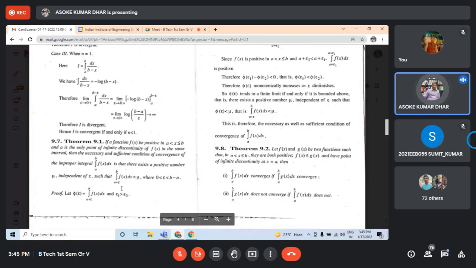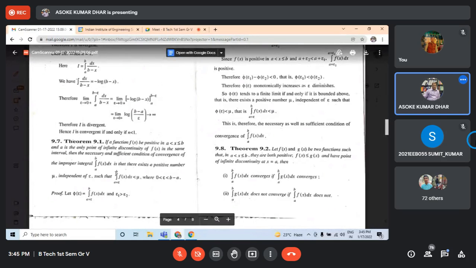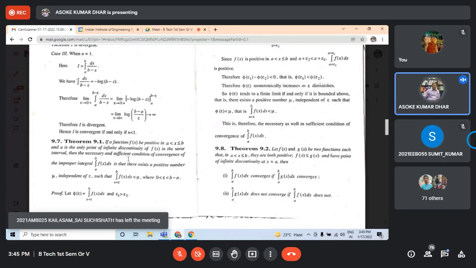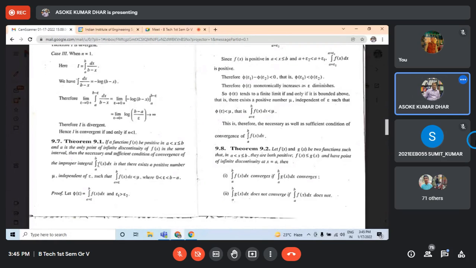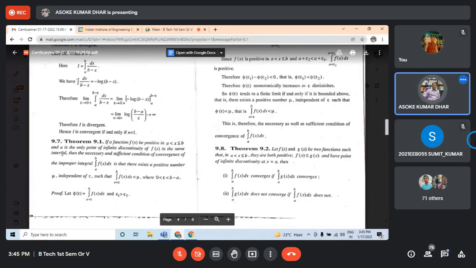The proof is beyond your syllabus, so this is the statement of the theorem. This is for the second kind, a to b. The range is finite and the only infinite discontinuity is at the point a, the lower limit.